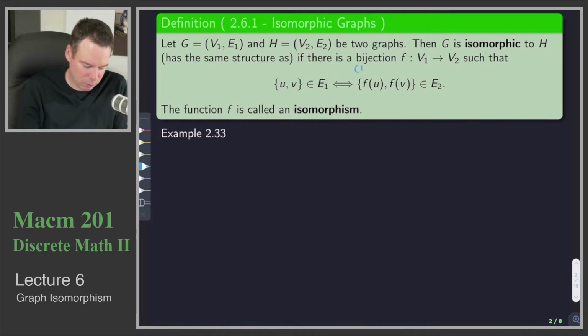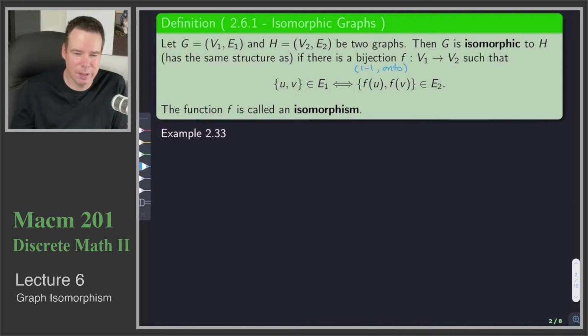Remember, a bijection, Math 101, is a function that's one-to-one and onto, or injective and surjective. Those were other ways to say one-to-one and onto, and if you had both those properties, you were bijective.